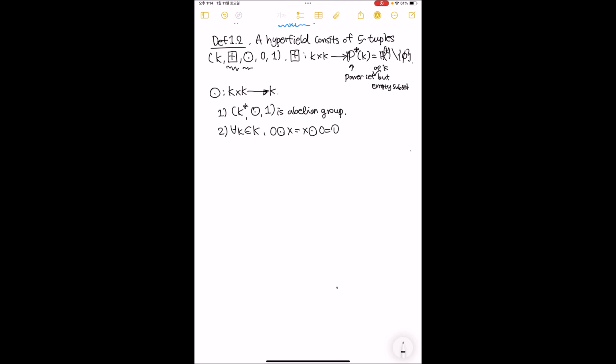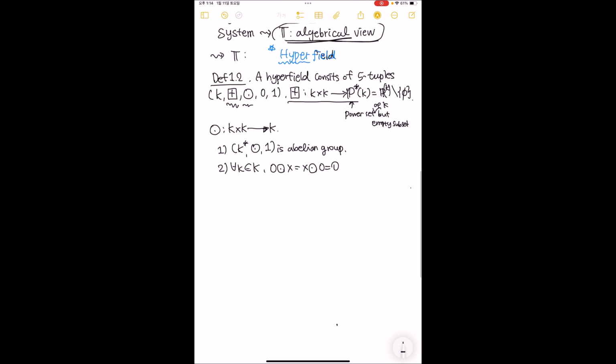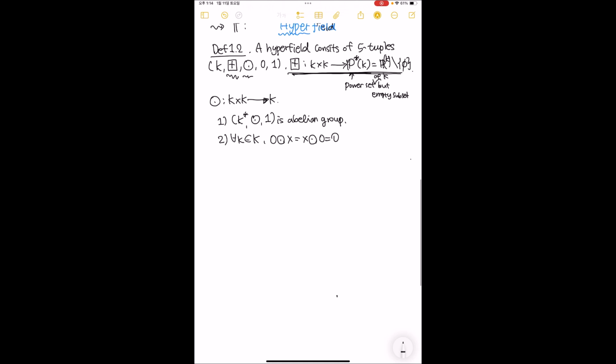But note that this part is what makes it so crazy. But I will introduce another part. For any x, y, z in K, there is the distribution law.